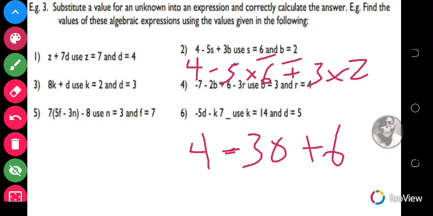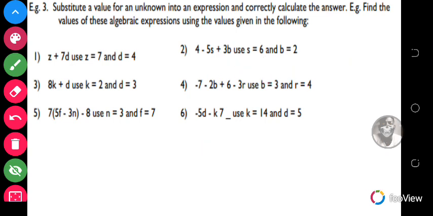Remember this is a negative, so negative 30 plus 6. You are owing 30 and then you get 6. You subtract, so you still owe negative 24, and then 4. This is a negative number and this is positive, so 4 minus 24. So what do you have? Negative 20.